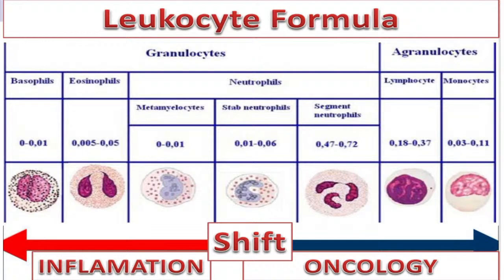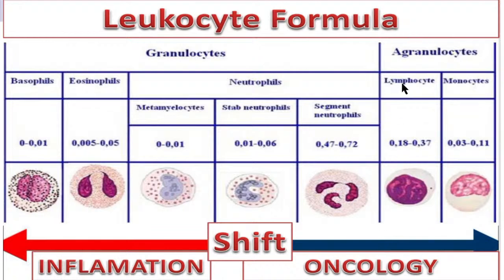So if we're talking about a shift of the blood smear leukocyte formula to the left, it's signaling inflammation, and it is identified with an increase of stab neutrophils or metamyelocytes or basophils and eosinophils, not segmented neutrophils.